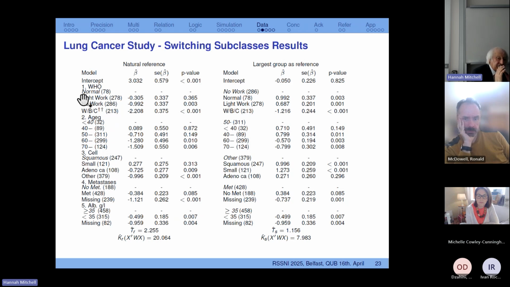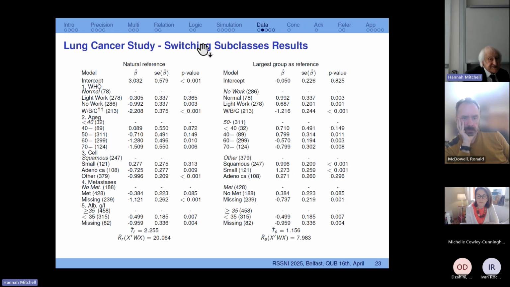Okay, so when we do that, our total variance is 2.255, and our measure of multicollinearity is 20.06, which is moderately collinear according to Belsley's criteria.